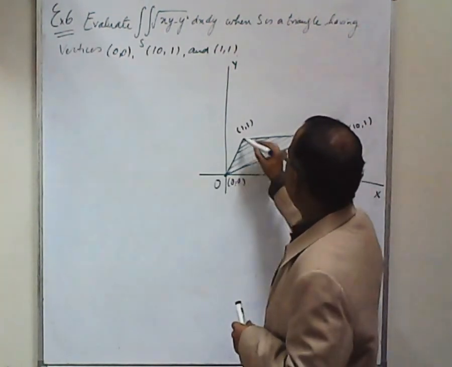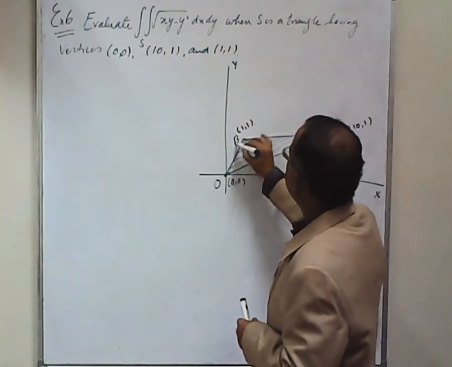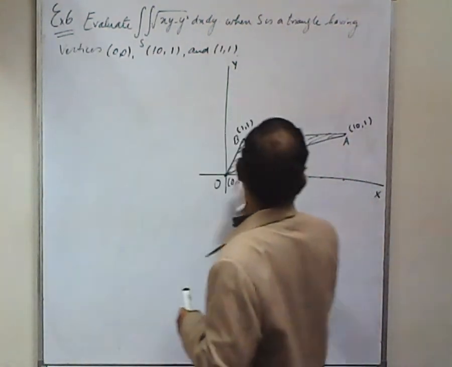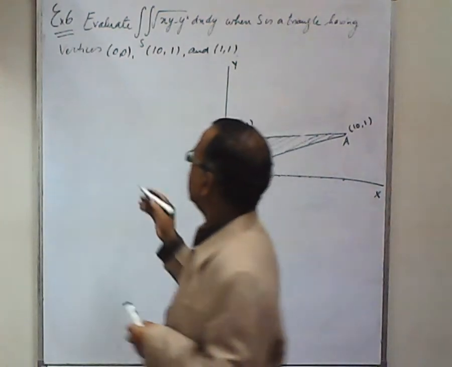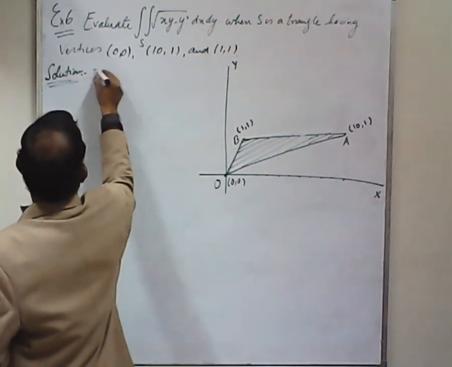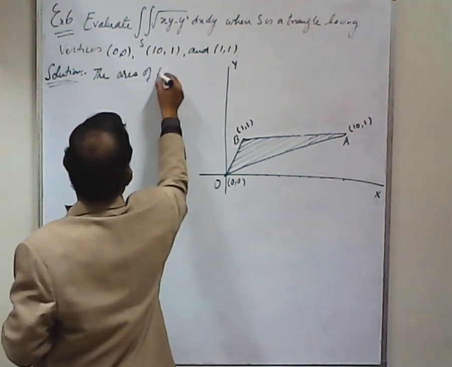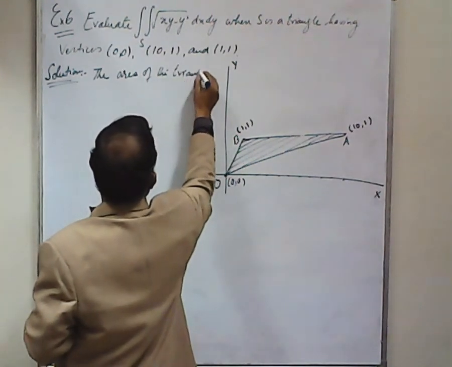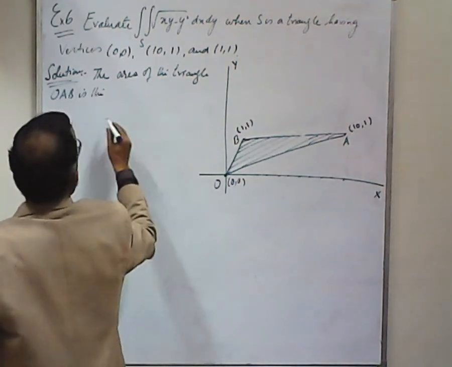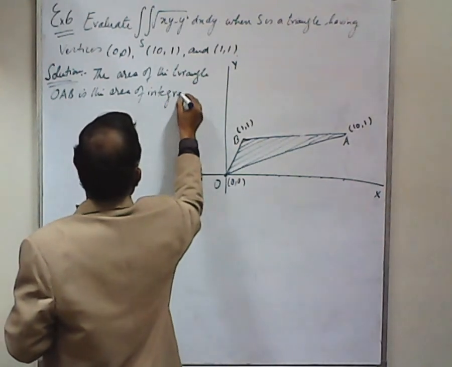Let's say this is O, this is A, and this is B, because the order was this and this, so O, A and B. So the solution is: the area of the triangle OAB is the area of integration.